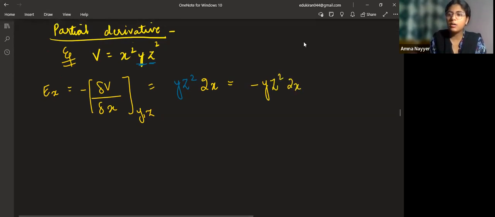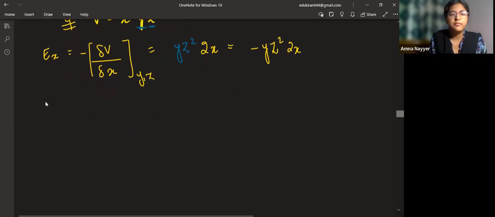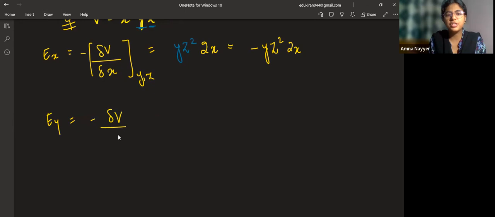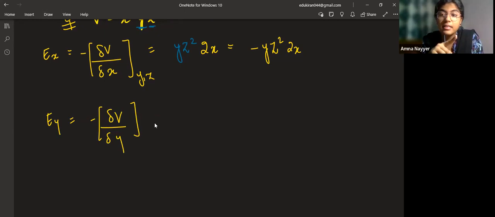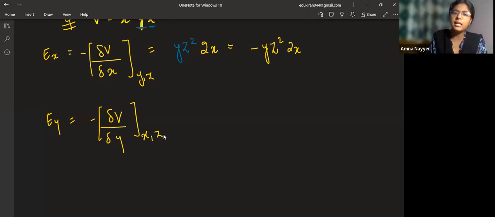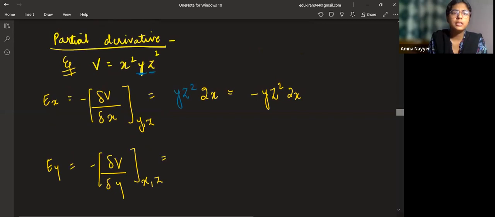All right. Now coming to the y-axis. Now you are partially differentiating the potential along y. Now y will act as a variable, and the other two quantities, z and x, will act as constant terms.